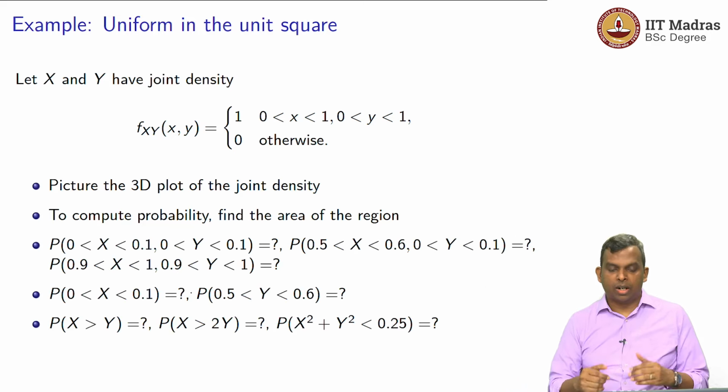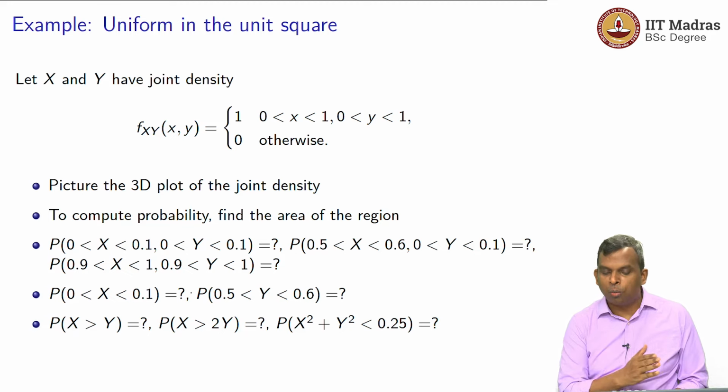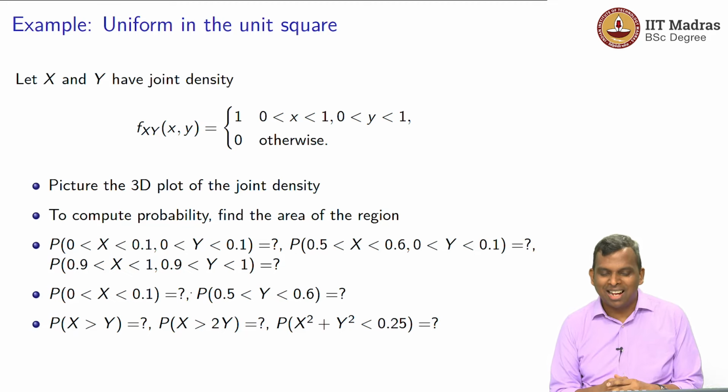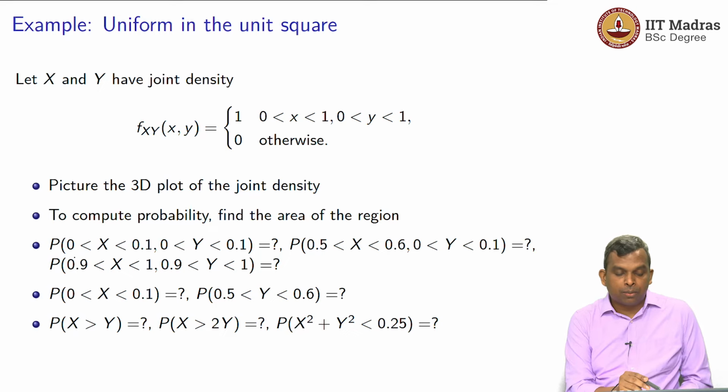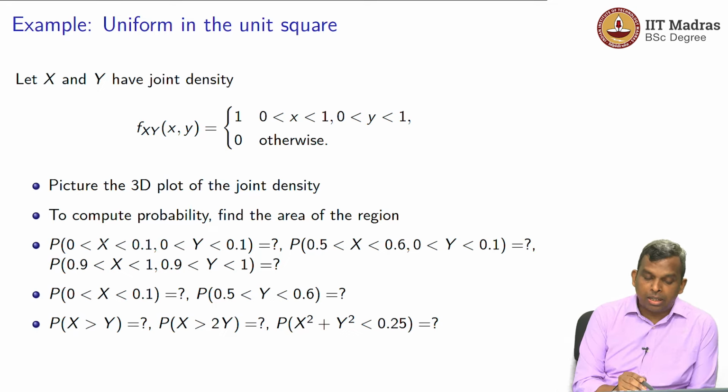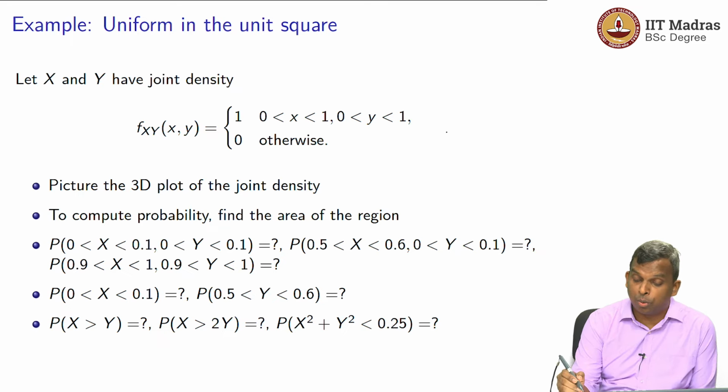Okay, all right. So here are a whole bunch of problems that have been asked around this joint density. So whenever I have a problem like this, I always like to picture it in the 2D plane and then try and solve it. So look at the first one. What is the probability that x needs to lie between 0 and 0.1 and y should be between 0 and 0.1?